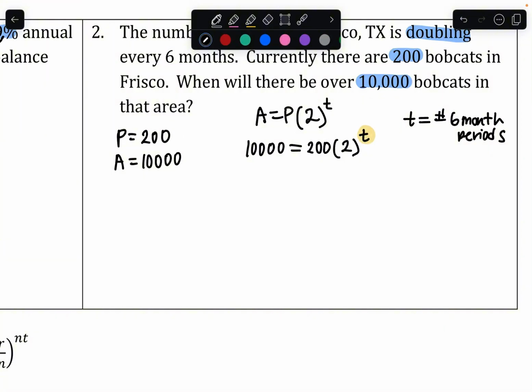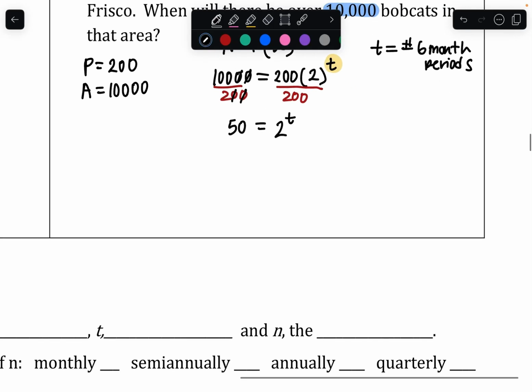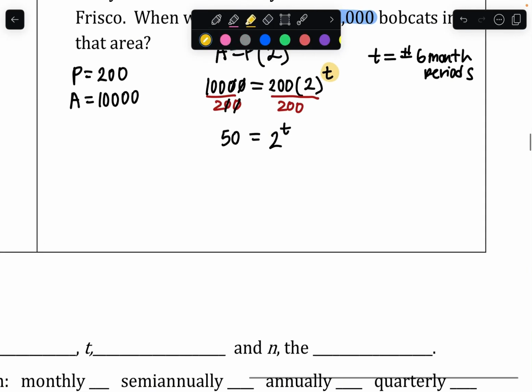Our first step here is to isolate the exponential expression by dividing by that 200. That would leave us with 50 equals 2 to the T power. Once you've isolated the exponential expression, when you're solving for the exponent, you need to convert to log.